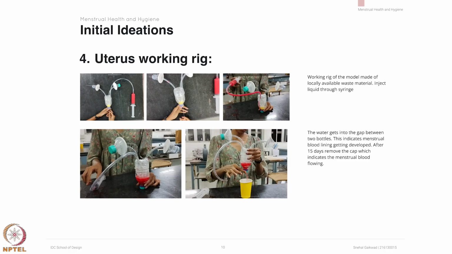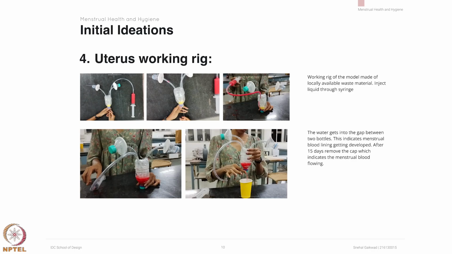Then I made one working rig with the waste materials. In this we put liquid through the syringe into the working rig, and that indicates menstrual blood accumulating, and when we remove this, it indicates menstrual blood falling.